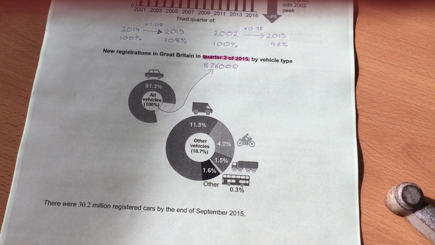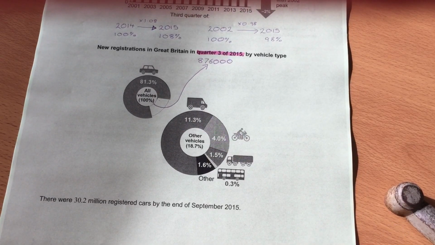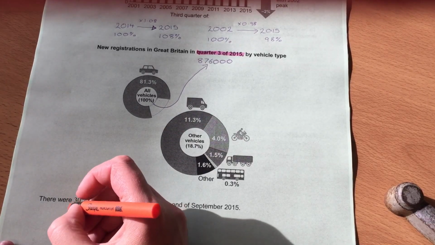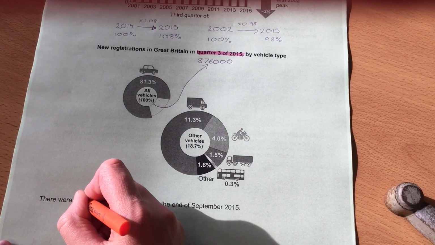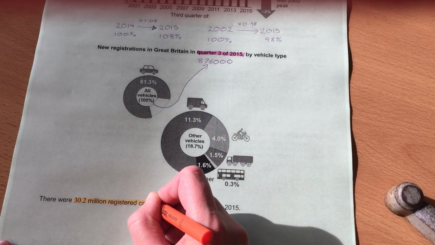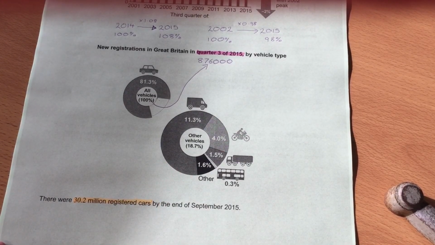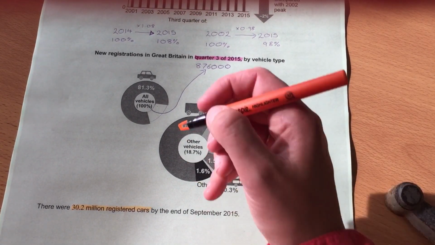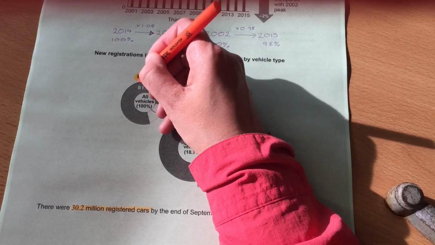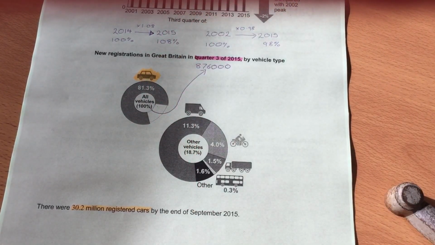In previous years, they've done something very similar to this, where they then talk about something that is linked. So here we are told that we have registered cars. So the fact that it's cars is important because this section here is our cars.